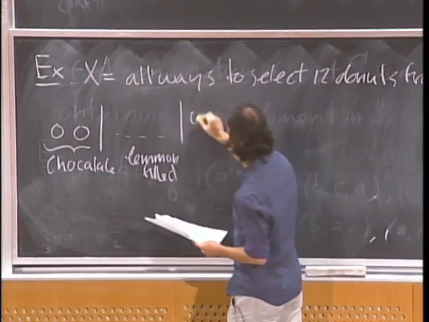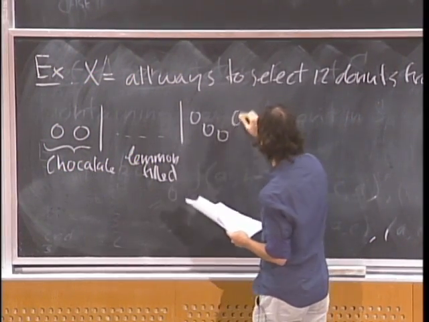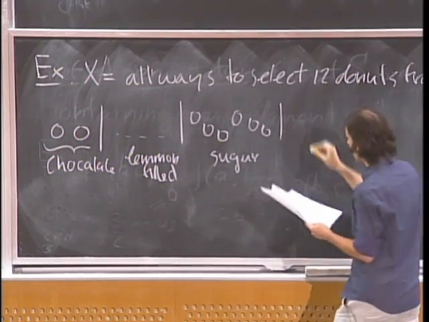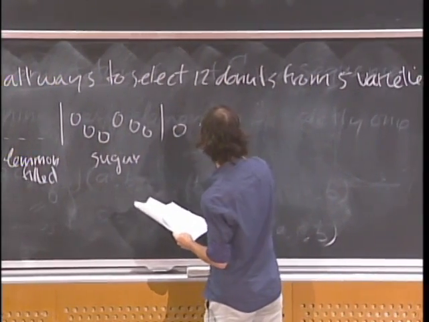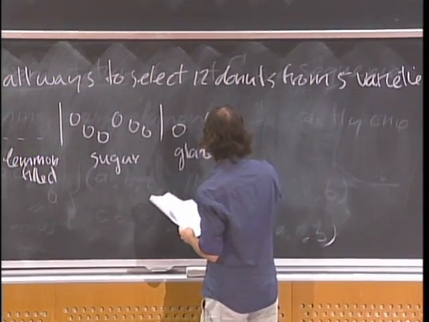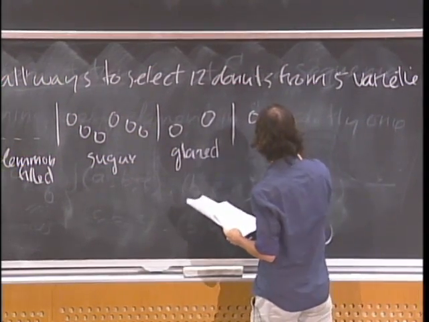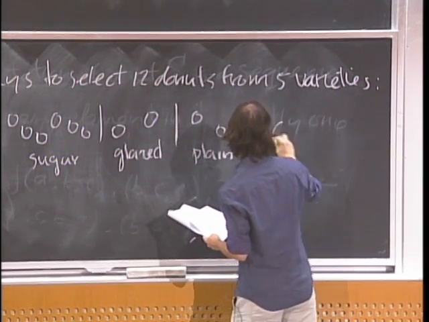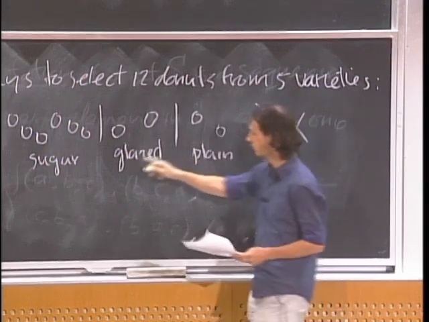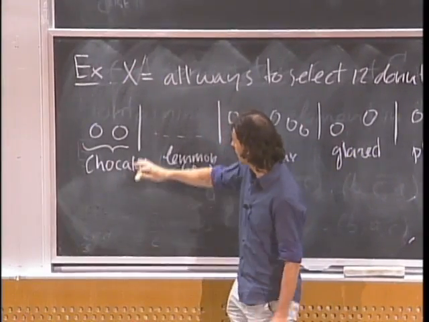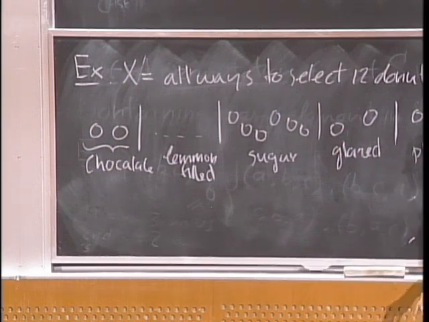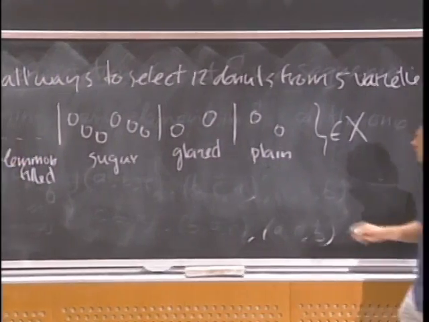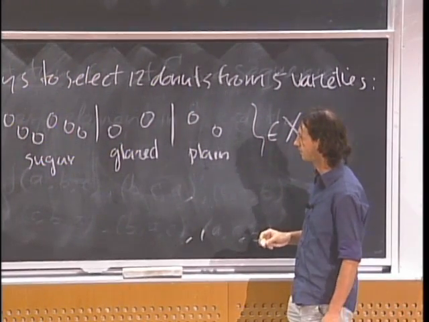Suppose we have a whole bunch of donuts, say 6 of those, that are with sugar. We have some that are glazed, say 2. And finally, we have just a couple of plain donuts. So this would be a configuration that is in X, because we have 1, 2, 3, 4, 5 varieties. And we have 12 donuts: 2 over here, 6 here, 2 and another 2, 12 donuts that are selected from these 5 varieties.